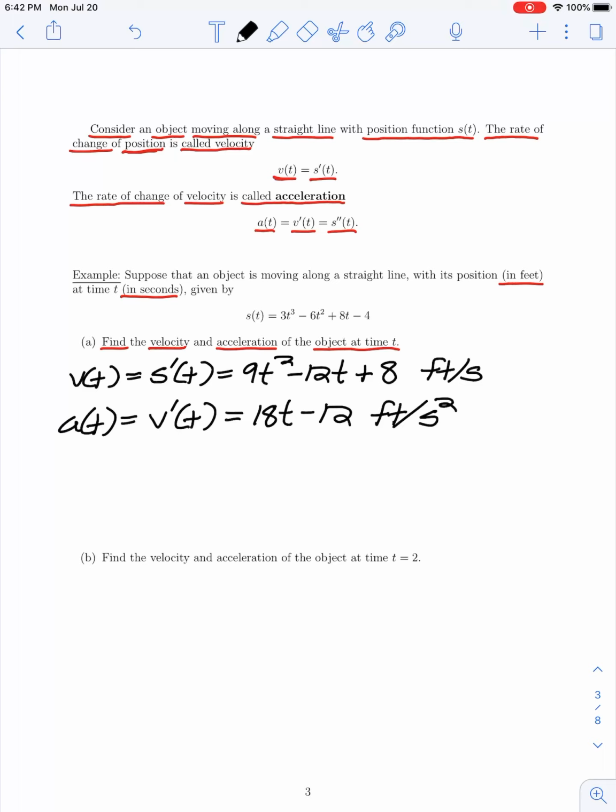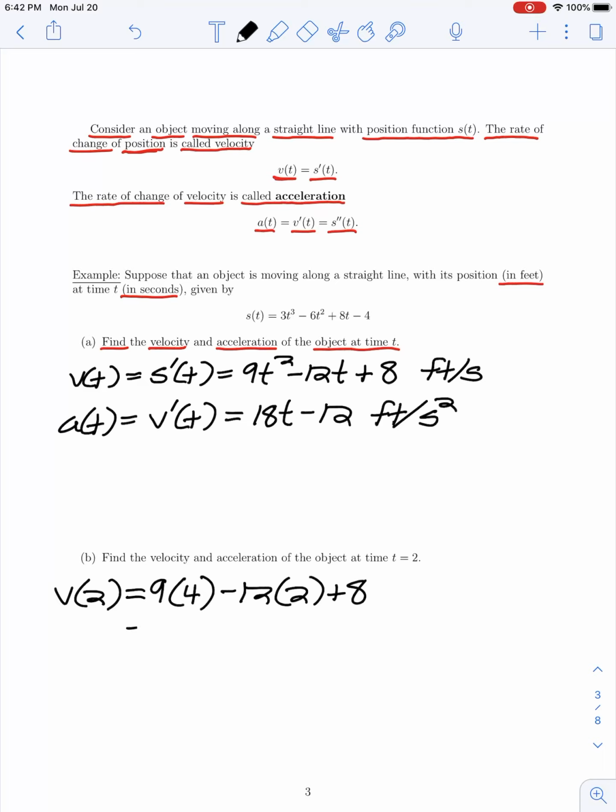So in part B, now that we have these functions, we're asked to find the velocity and acceleration of the object at time t equals 2, so after 2 seconds. To get our velocity at t equals 2, we substitute t equals 2 into the velocity function we found in part A. So we had 9 times t squared, in this case 2 squared is 4, minus 12 times t, which is 2, and then plus 8.